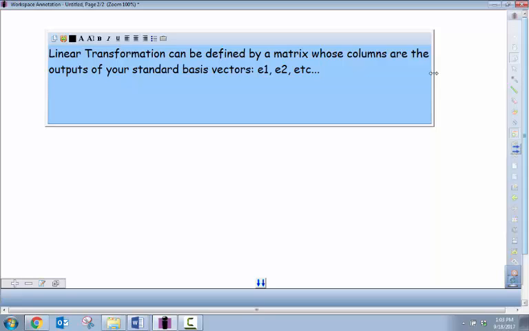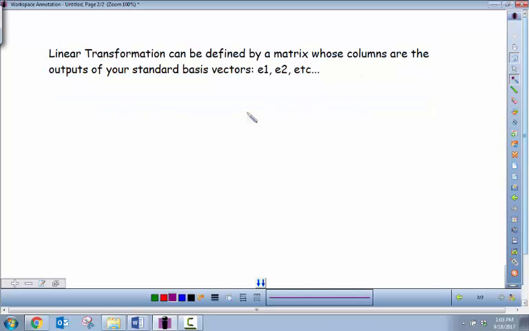And this can go from 2 dimensions to any higher dimensions that you want. So this is really how we want to create our relationships between the transformation function itself and the matrix that we're going to come up with. As long as it's a linear transformation, then it can be written as a matrix.